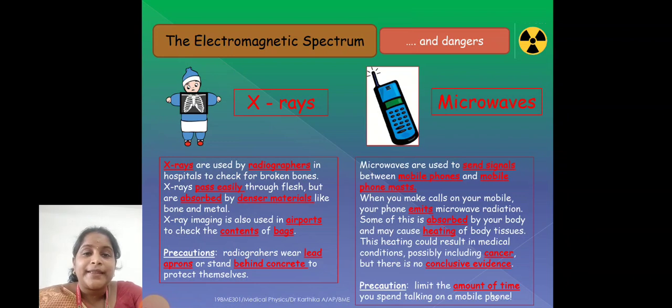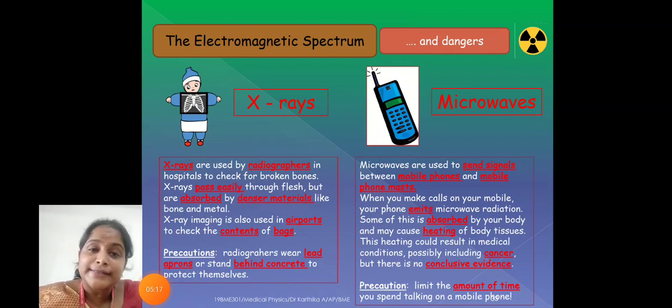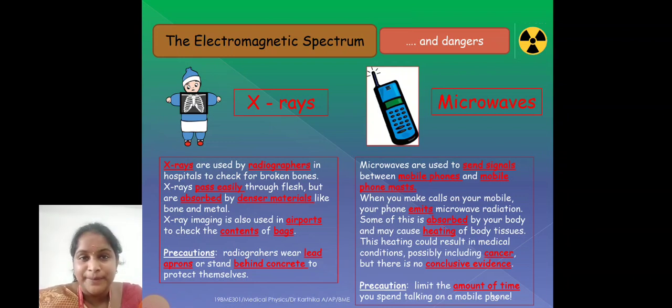Here we have the difference between X-rays and microwaves. X-rays are used by radiographers in hospitals to check for broken bones. X-rays pass easily through flesh but are absorbed by denser materials like bone and metal. X-ray imaging is also used in airports to check the contents of bags.